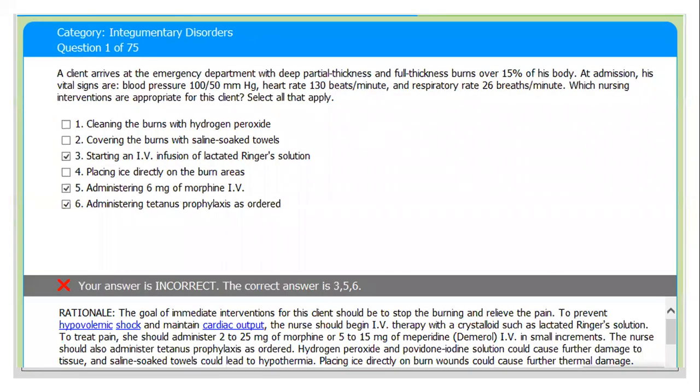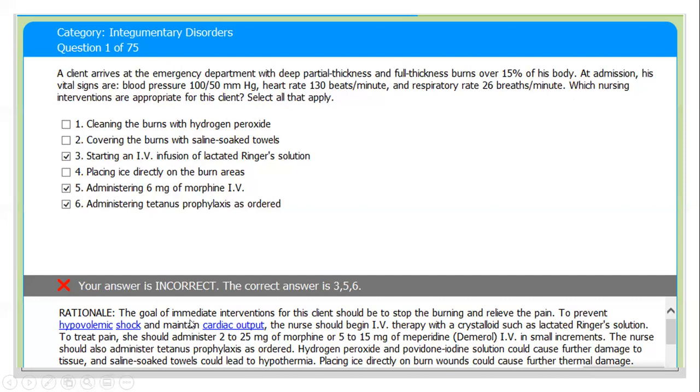So the correct answer here is number 3, 5, and 6. First of all, starting the IV infusion of lactated Ringer's solution is correct. Number 5, 6 milligrams of morphine intravenous, and number 6, administer tetanus prophylaxis as ordered.